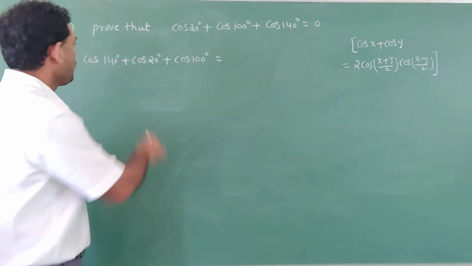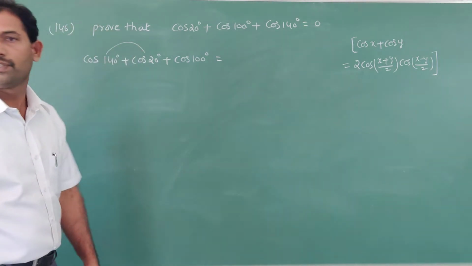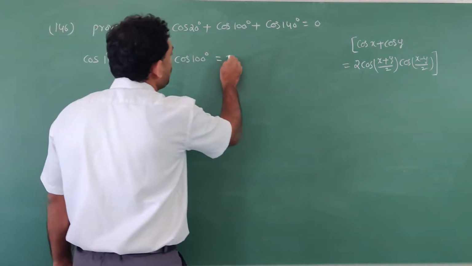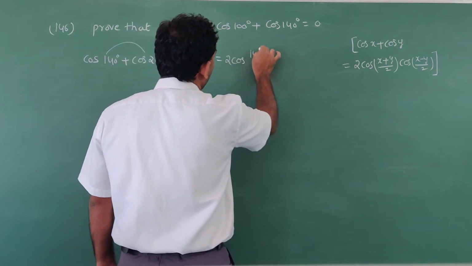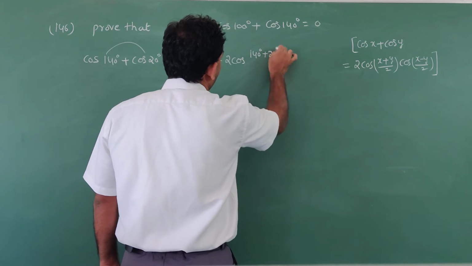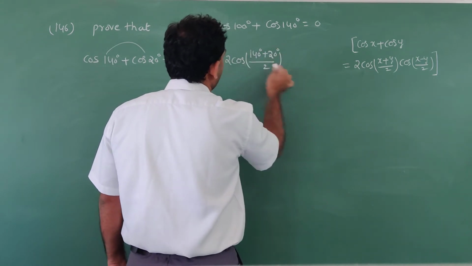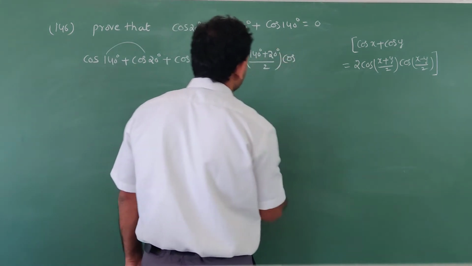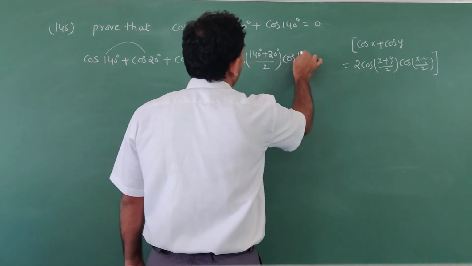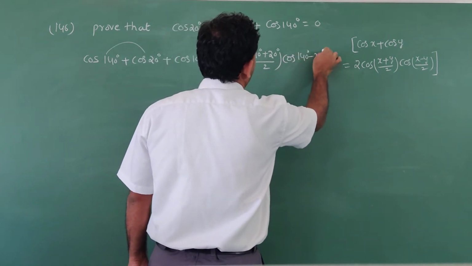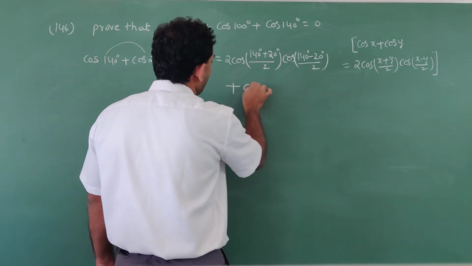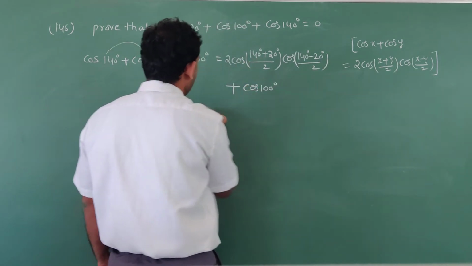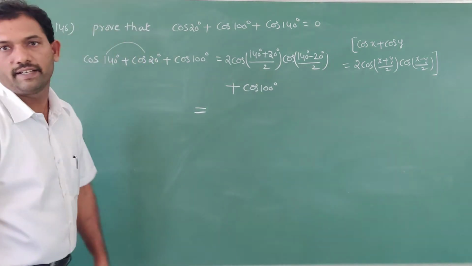Right? Now apply the formula for these two. So what happens? 2 cos of (140 plus 20 degrees) divided by 2, cos of (140 degrees minus 20 degrees) divided by 2, plus cos 100 degrees.